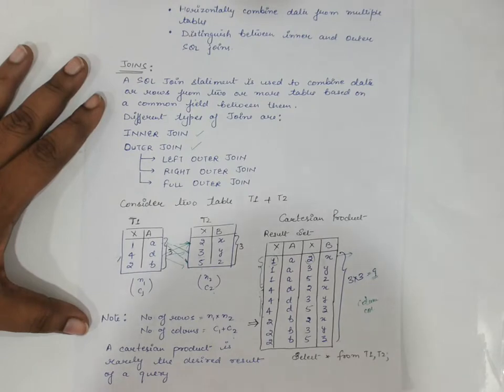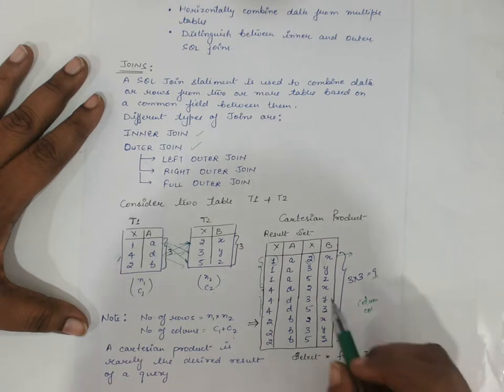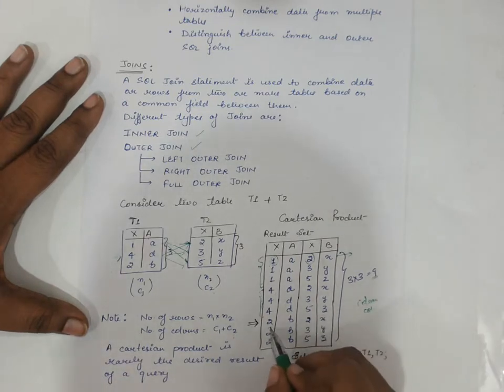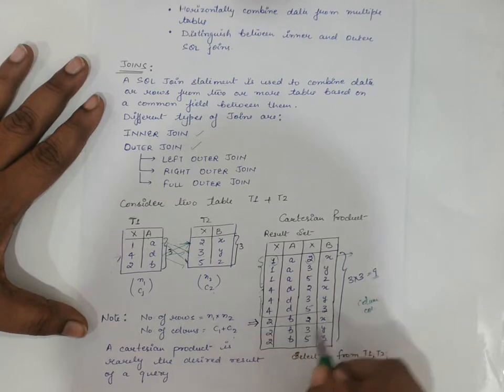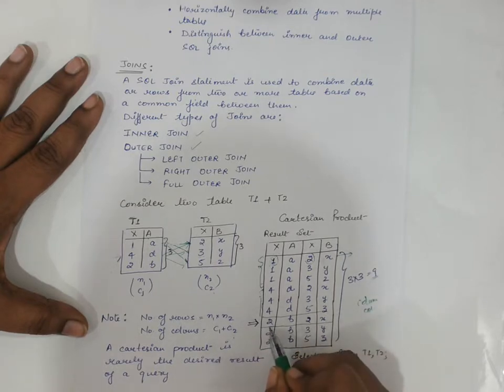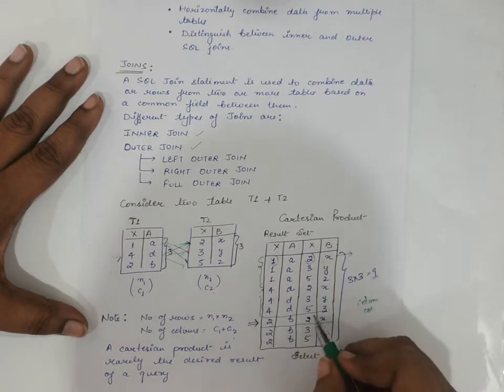So for this, we need to perform matching column conditions. Inner join is a way through which we improve our result set by putting a condition on the matching column. If you look here, you will find this tuple will be the only resultant answer, where the value of X in table 1 is 2 and the value of the X attribute in table 2 is also 2.